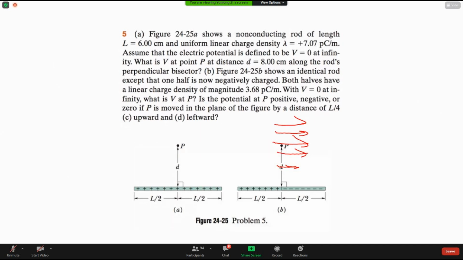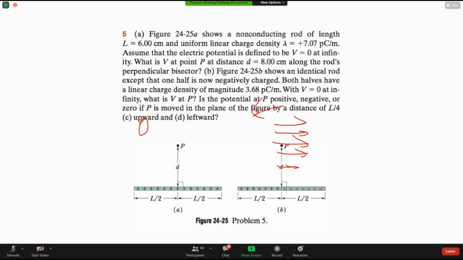So if the P point moves upward, it is still moving perpendicular to the electric field, so the potential change is zero.